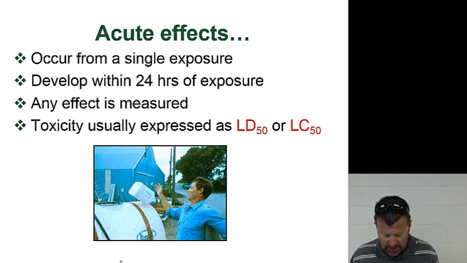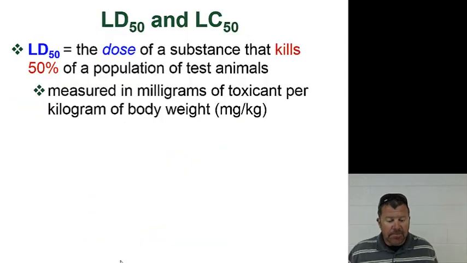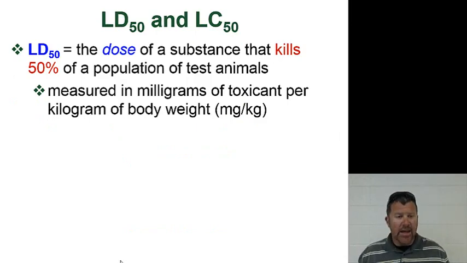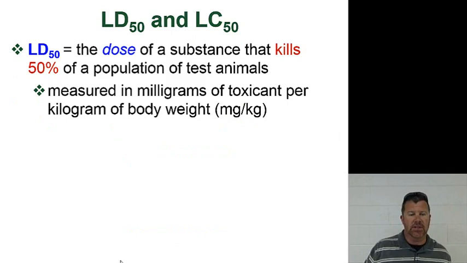Exciting stuff, ladies and gentlemen. LD50 and LC50 are laboratory experiments that measure the dose it takes to kill 50% of the test animals. That's why you see the 50.